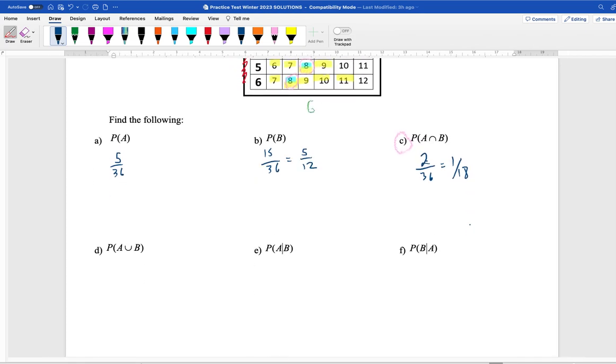Now probability of A or B. Where's my OR formula?